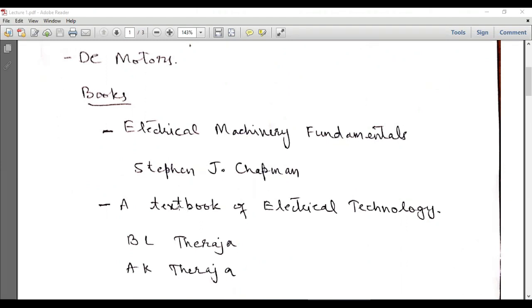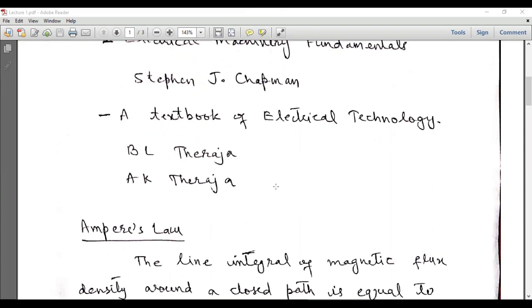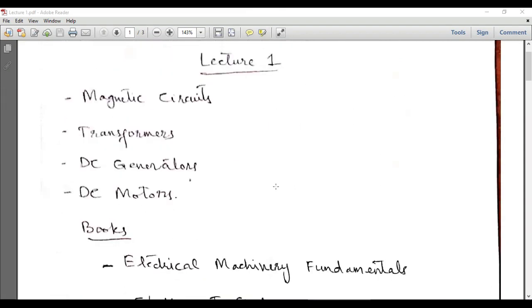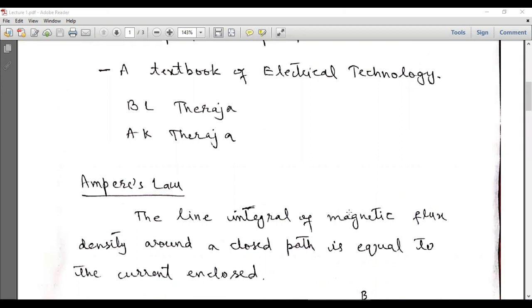The second book is a textbook of electrical technology written by B.L. Thiraja and A.K. Thiraja. In the first part, I will demonstrate the introduction of magnetic circuits, the underlying laws of physics, and some example problems in which I will show you how to solve a magnetic circuit.